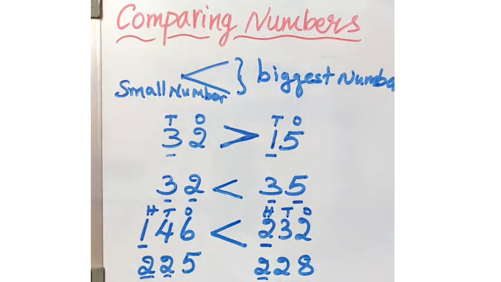Here it is 2. Here also it is 2. So both are same. Then we have to move to the ones place. Here it is 5 and here it is 8. Which digit is small now? Is it 5 or 8? It is 5. So the pointed side should point to the small number. So 225 is less than 228. Is that clear to you, children?